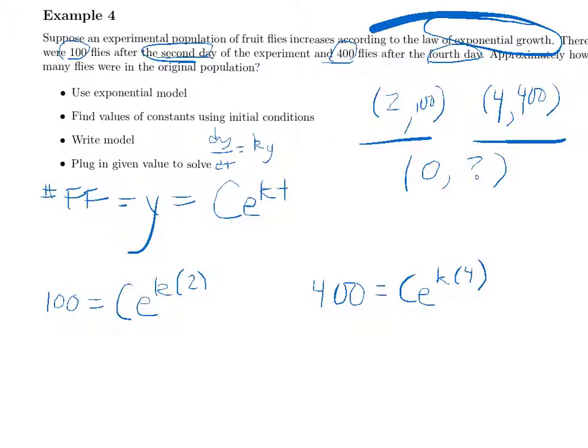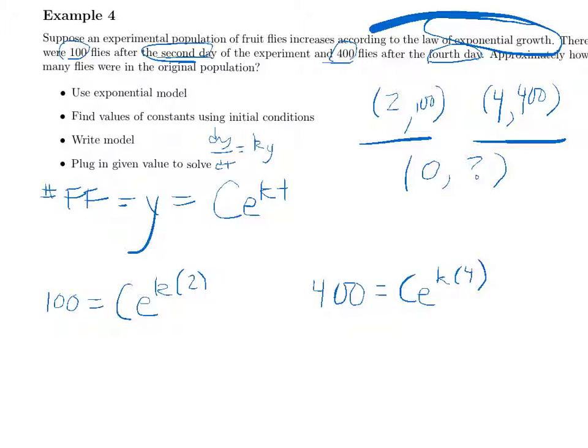How do I solve for the unknowns? Can you divide both sides by c, because the right equation is like 4 e to the 4k, and the other one is e to the 2k, so it's like a square of the first one? Sure.